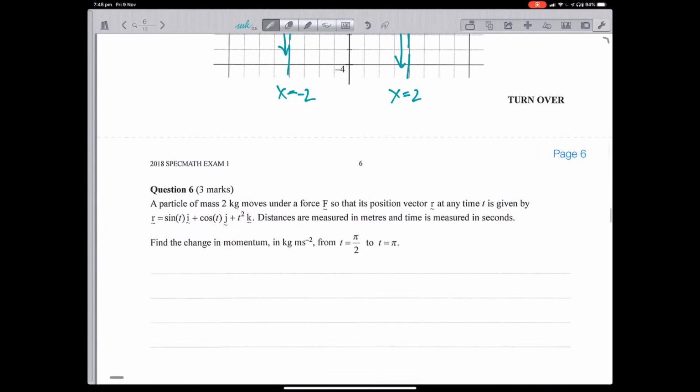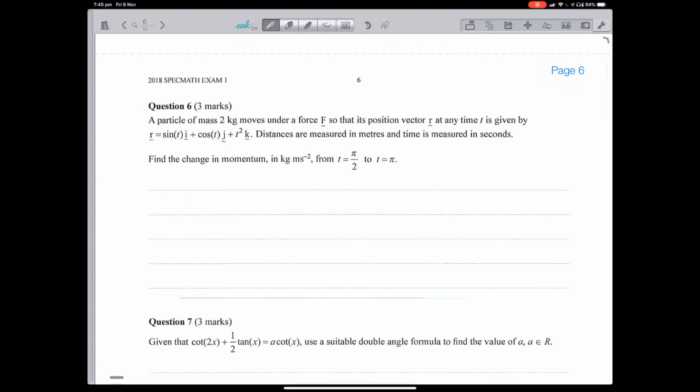Next question. Okay, a particle of mass 2 kilograms moves under a force with its position vector at any time given by that. Distance is measured in meters and time is measured in seconds. Find the change of momentum in kilogram meters.